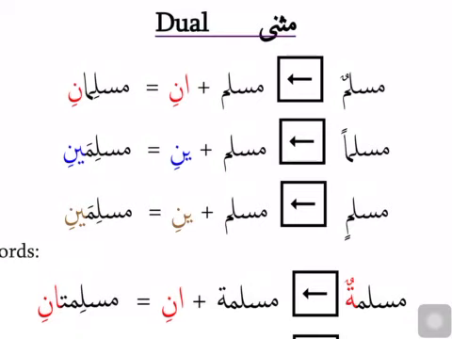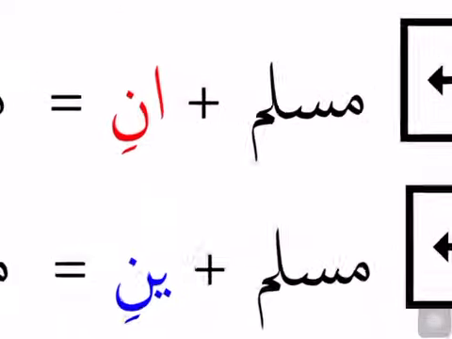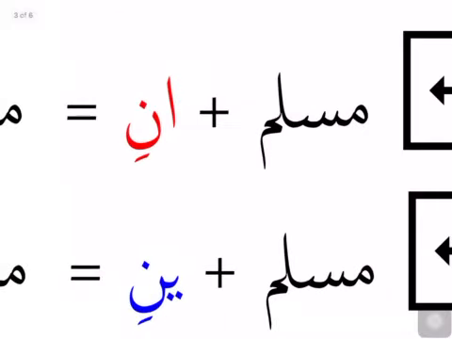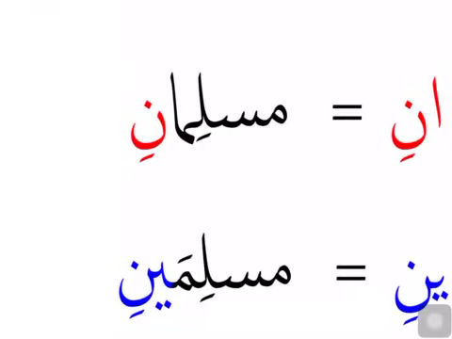So if you have the word Muslimun, that's your word. It was ending in tanween dhamma. To make it dual, you first strip the word Muslimun of its tanween dhamma, the last harakat on the word Muslim, the two dhammas. Remove those. You're left with Muslim. And then you add the ending alif noon kasra, ani. This will give you Muslimani.